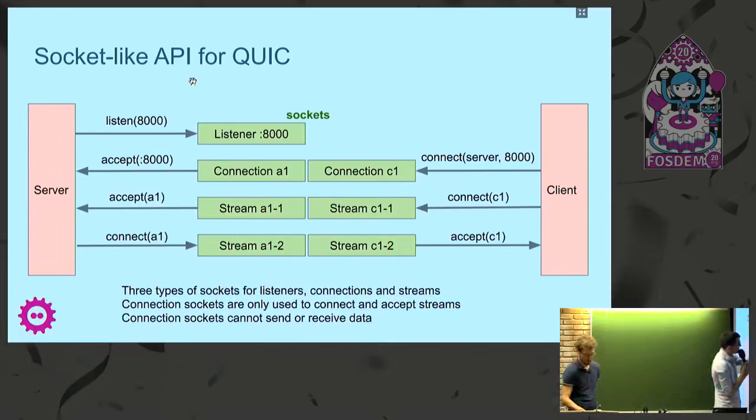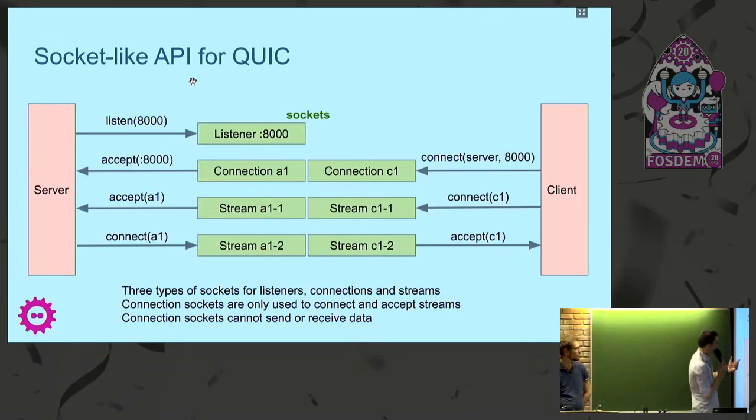Now, things get trickier when you connect. When the client connects, it will connect to an endpoint IP port, and it will receive a new connection, a connection object, conceptually. The server will accept that connection and also receive a connection object. And with that connection object, both the client and the server can now open streams.